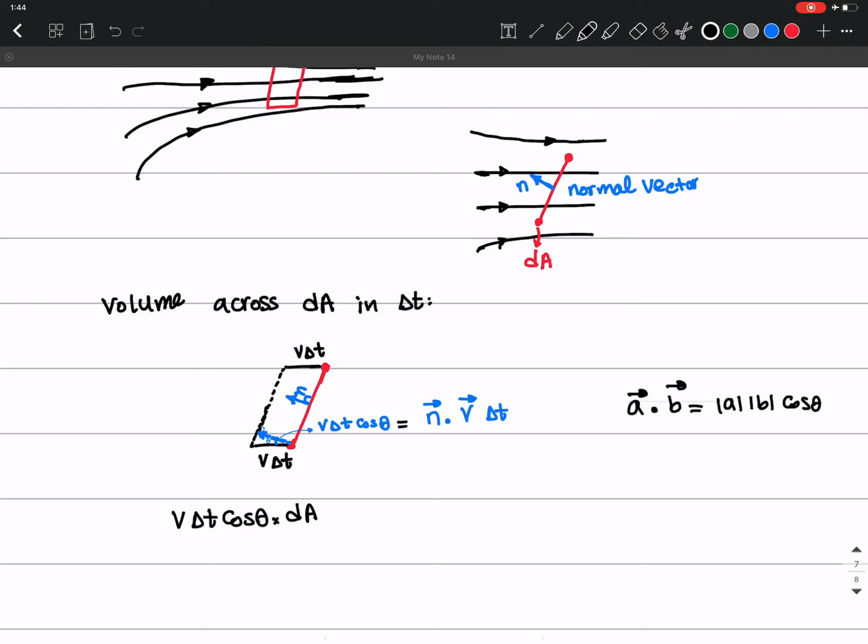The normal vector, its magnitude is 1. So n dot V is going to be normal vector n, its magnitude, times V times cosine theta. So this is just 1 because it's a normal vector, and this is how we define it. So you are just going to get V cosine theta, right?